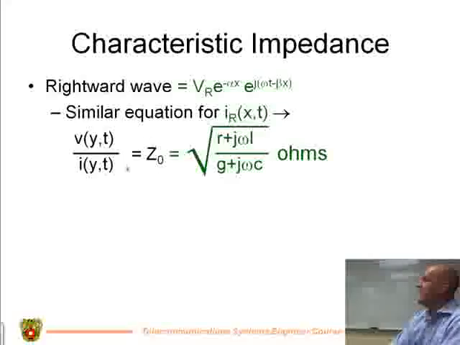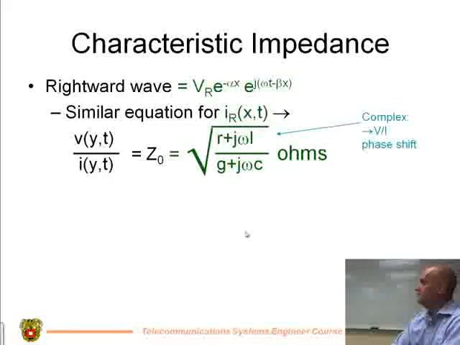So we can solve that so that V over I equals Z naught, which is the square root of R plus j omega L over G plus j omega C. Characteristic impedance is a real number, and it's just the characteristic impedance for a wire. It doesn't depend on the wire's length. It's not like resistivity. It's just the impedance of that wire regardless of its length.